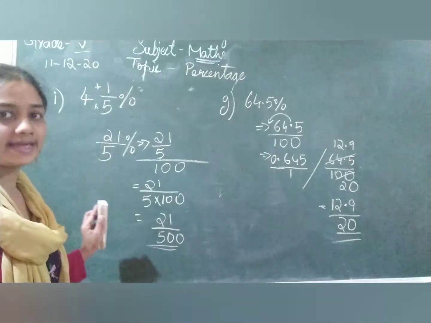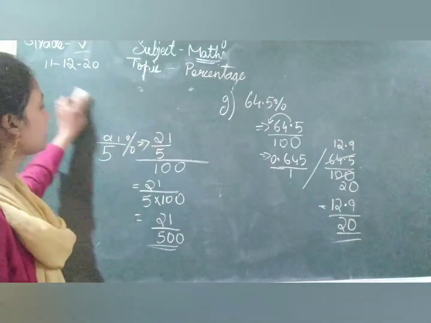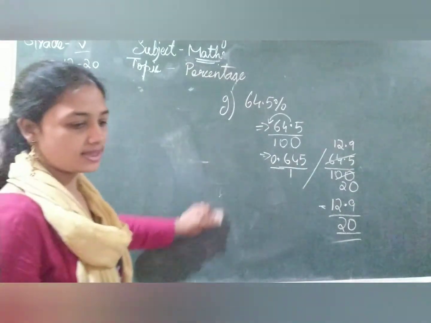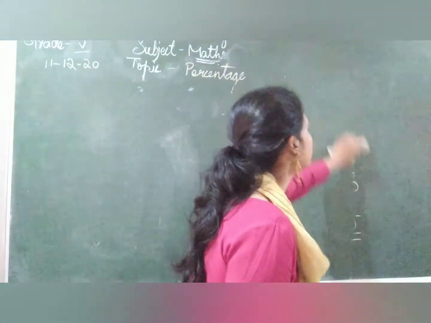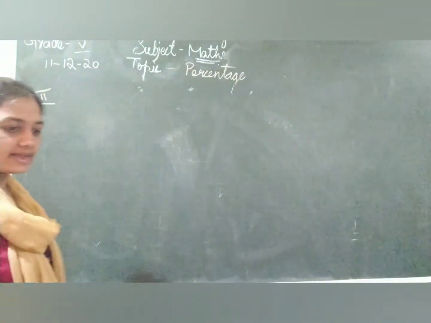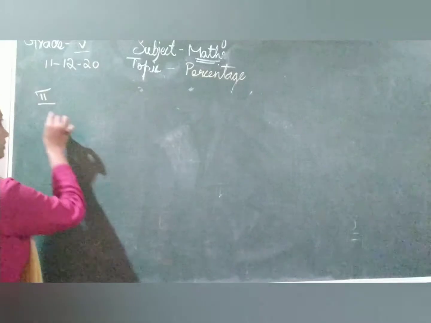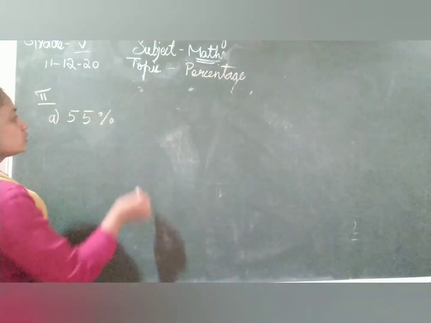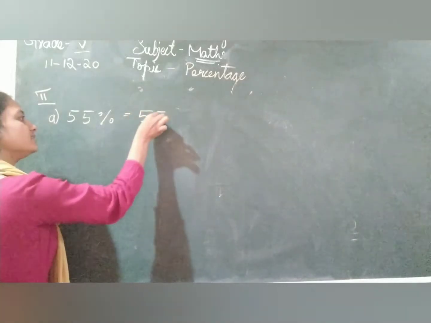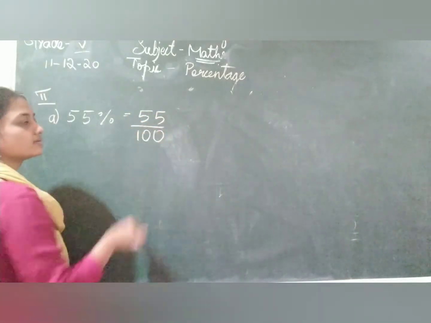Now let's go for the second method. In the second method, you have to convert the percentage into decimals. So let us take the first one, 55%. So you have to divide it by 100.